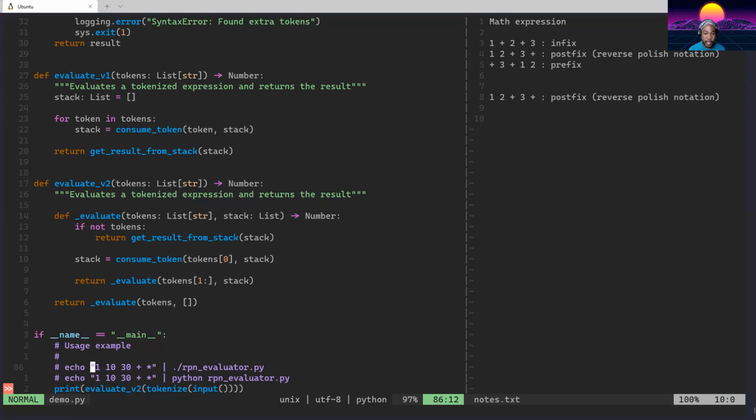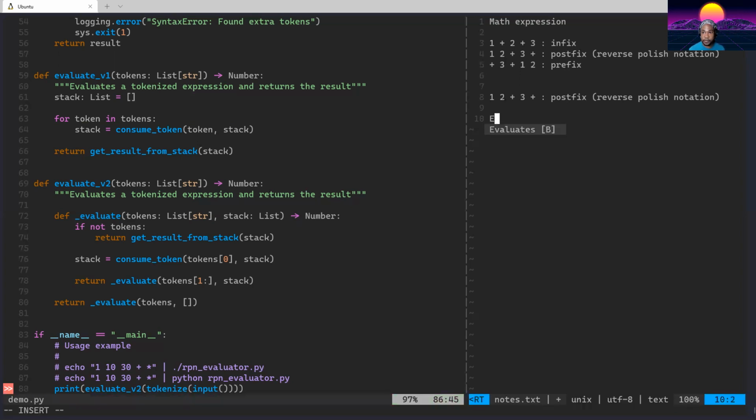So I'm providing this reverse Polish postfix expression to the RPN evaluator that we have written here, and these are one and the same, these are equivalent, and it will evaluate it and give us the answer. So let's do a few examples.